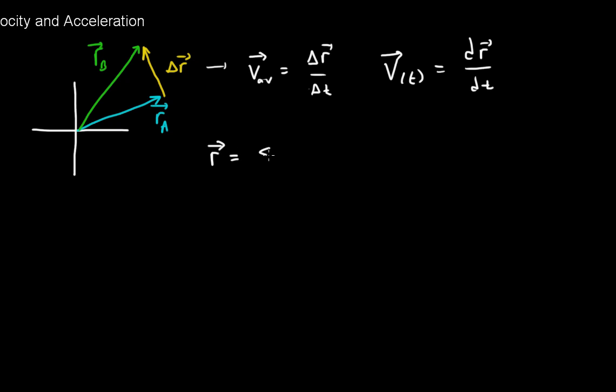Of course, r is the sum over i, 1 to 3, of r sub i times e sub i, the unit vector. But we want the time dependence, so I'm going to write this explicitly: the time dependence of each component multiplied by the unit vector, which may also be time dependent.